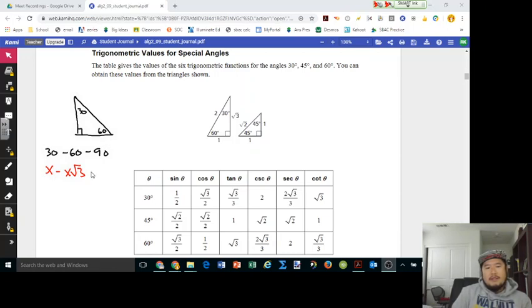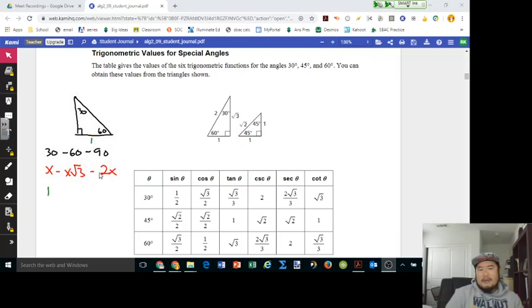And then the hypotenuse, the side opposite of that 90 degrees, will be 2 times x. All right, so that is the length of all three sides of a 30, 60, 90 right triangle. So let's make it simple right here, and let's say the side opposite of 30 happens to be 1. So let me put 1 right here, and that'll represent x.